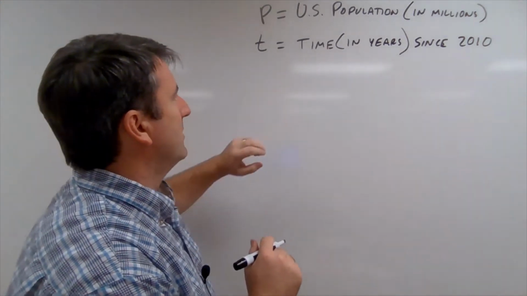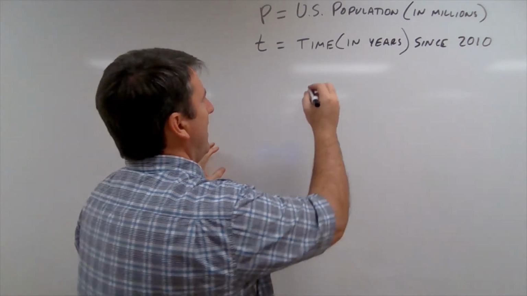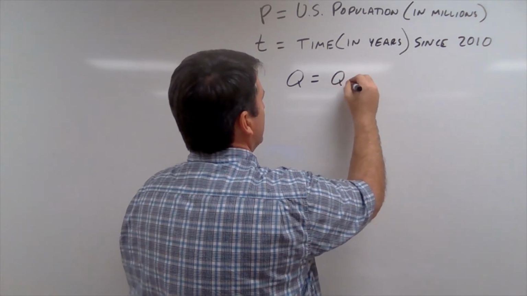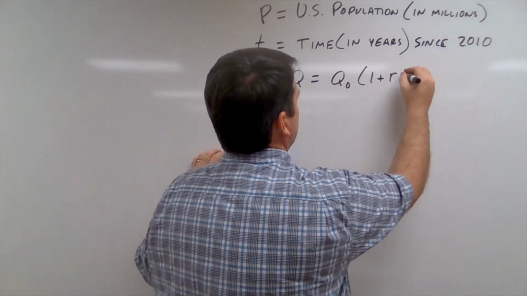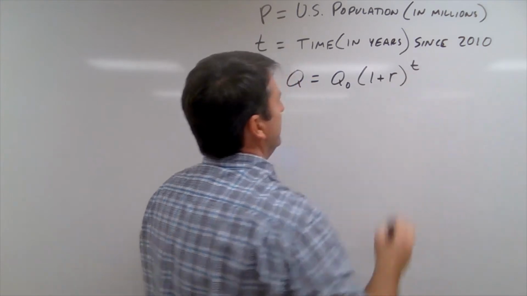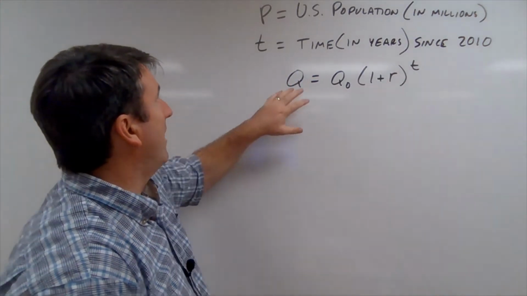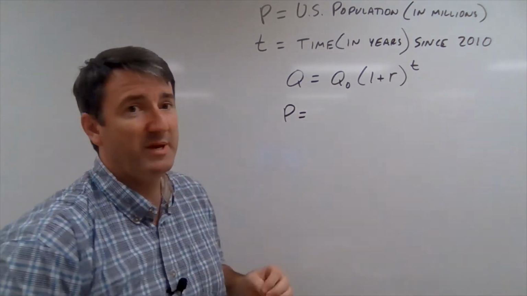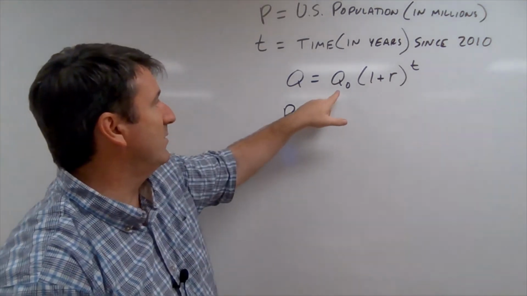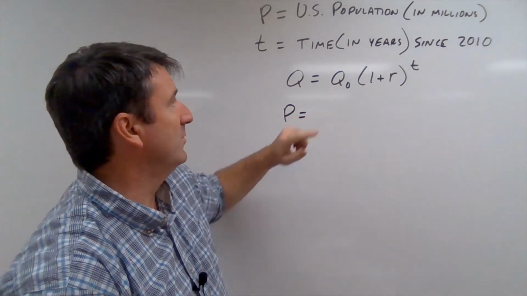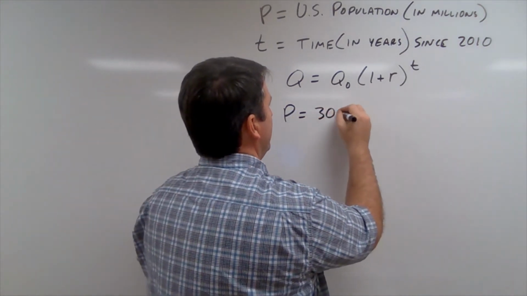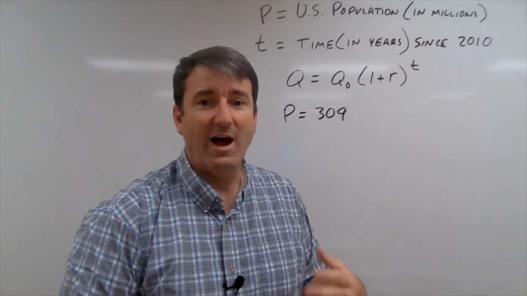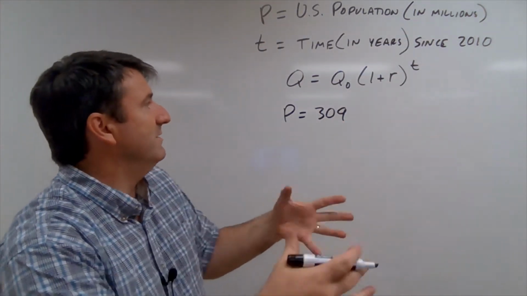All right, so now our general formula we said was q equals q naught times 1 plus r to the t power. So our population, our dependent variable is p, and it's going to be equal to our initial value, which was 309 million, but we're just going to write 309 since we defined our dependent variable to be in millions.